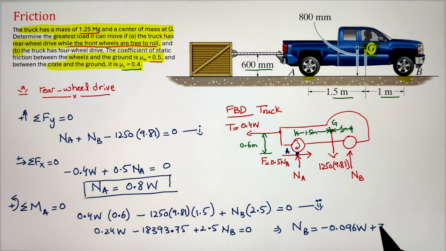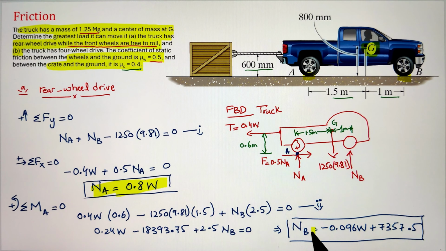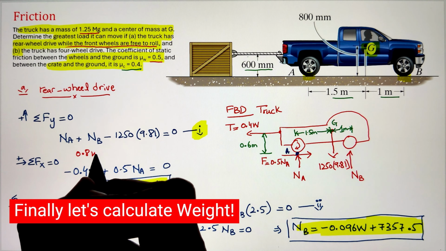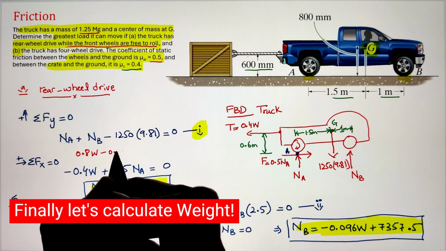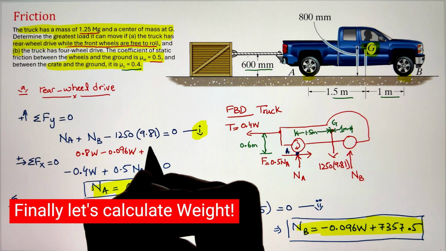Now, from this expression and the value of Na as 0.8 W, we can plug these two in equation 1 and simplify and solve for our weight here. That is coming as 6,967.3 newtons. That is the amount of load the truck can move if it is a rear wheel drive.